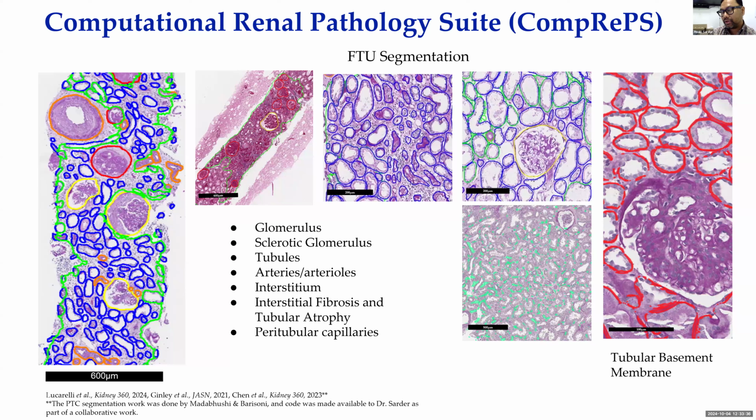And remember that we also work in collaboration with other groups. The peritubular capillary model is coming from my great colleague Laura Barisoni. They developed it and provided us the model. But why I wanted to talk about this FTU segmentation is because of the first slide I showed.